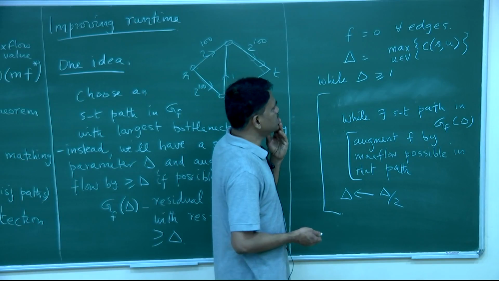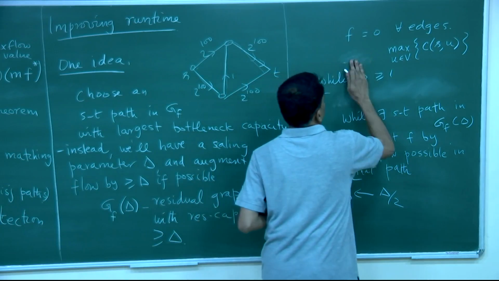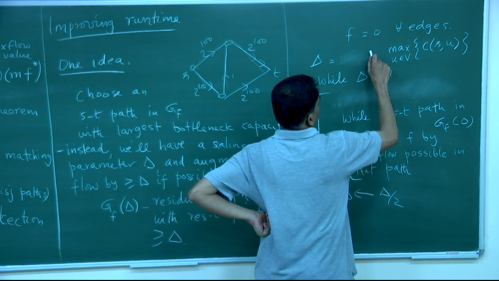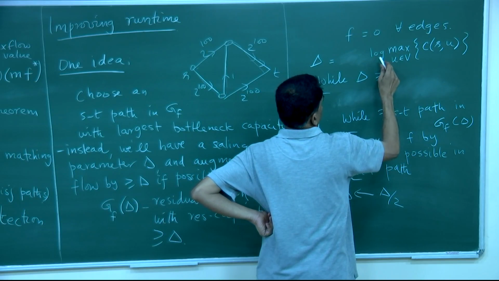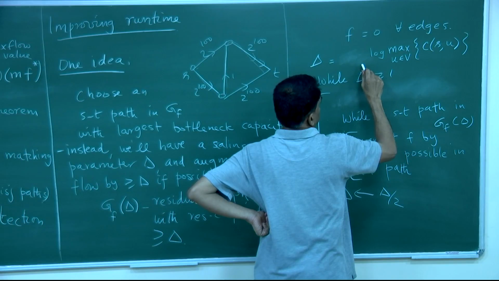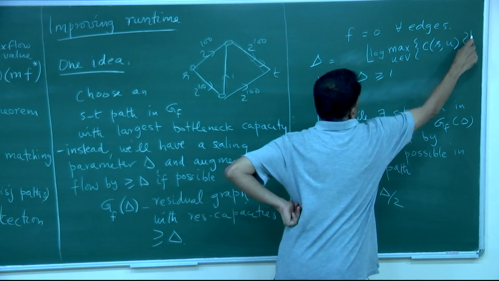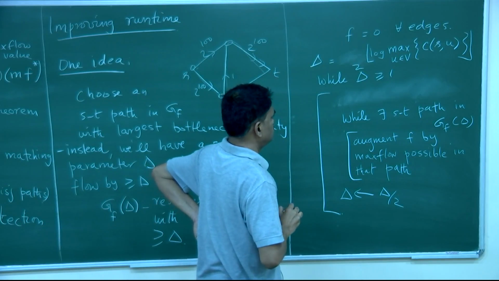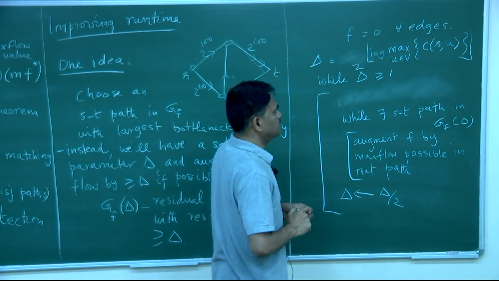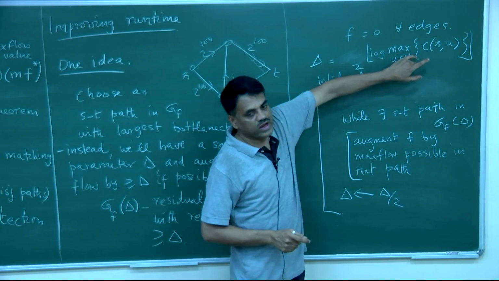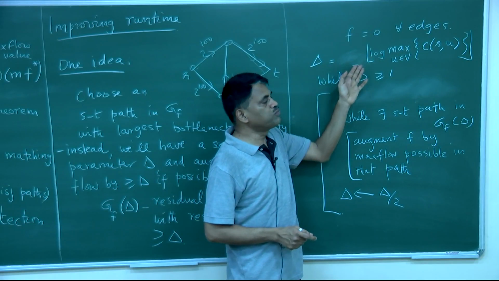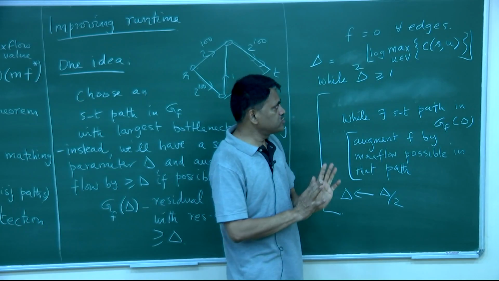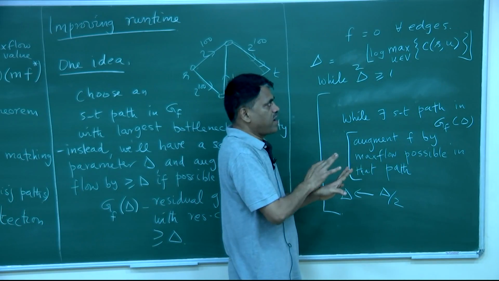So choose, okay, so my delta would be 2 to the power of the floor of log of this. So take the max value, take the log of that and take 2 power that, so it's a power of 2, and so it's ensured that it's less than or equal to max of C(S,U).